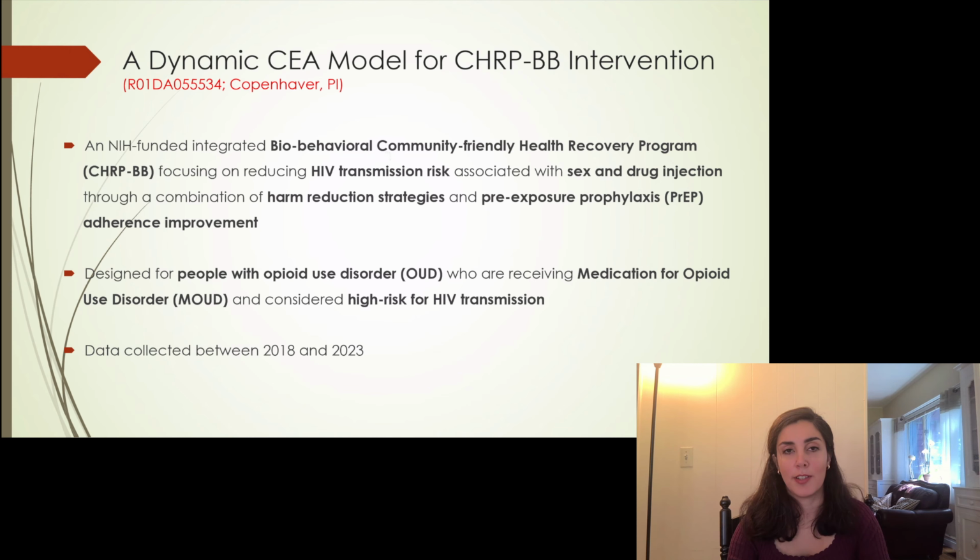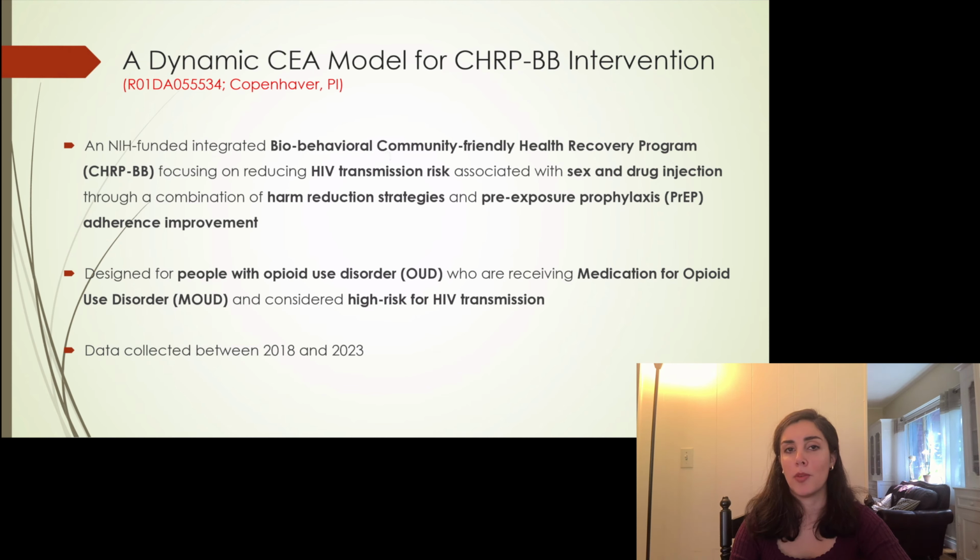Now that I have talked about the benefits of transmission dynamic models, I want to talk about our recent project, which was developing a dynamic cost-effectiveness model for the intervention called CHRP-BB.